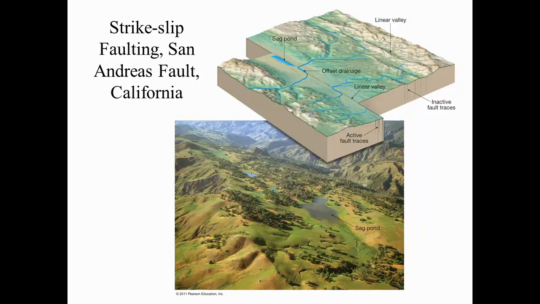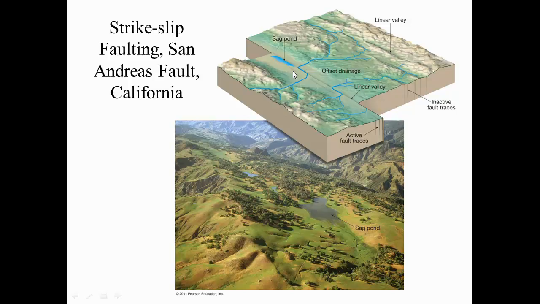So here is an example of the San Andreas Fault of California. In the upper block diagram, if you look at the drainage, the streams, notice that when you cross the San Andreas Fault, the streams are offset.